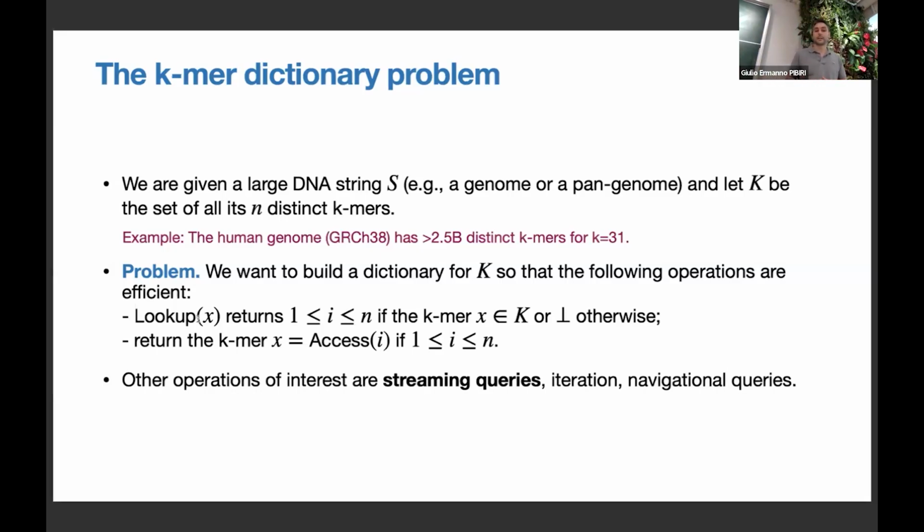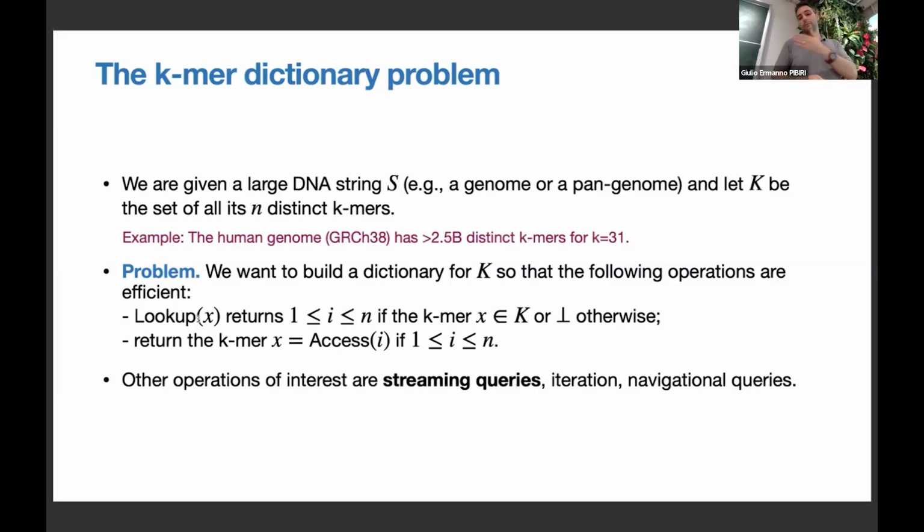Apart from lookup and access, there are also other important queries to be supported. Again, I will not talk much about those, but there are also streaming queries. Namely, a streaming query is when you issue lookup exactly in order for k-mers appearing in order in a query string, and not at random.